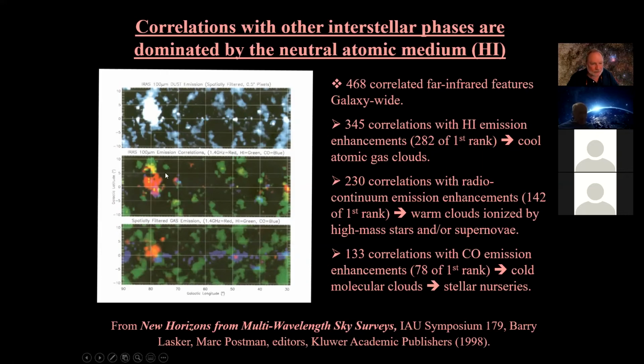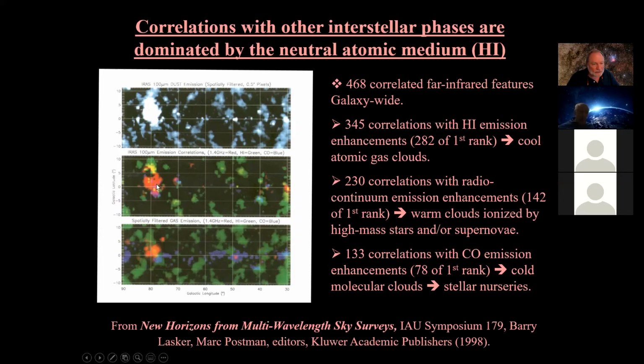And the green phase showed the most correlations. This is a map of correlations. And the green shows the correlations of the atomic hydrogen emission with respect to what we're seeing in the infrared.